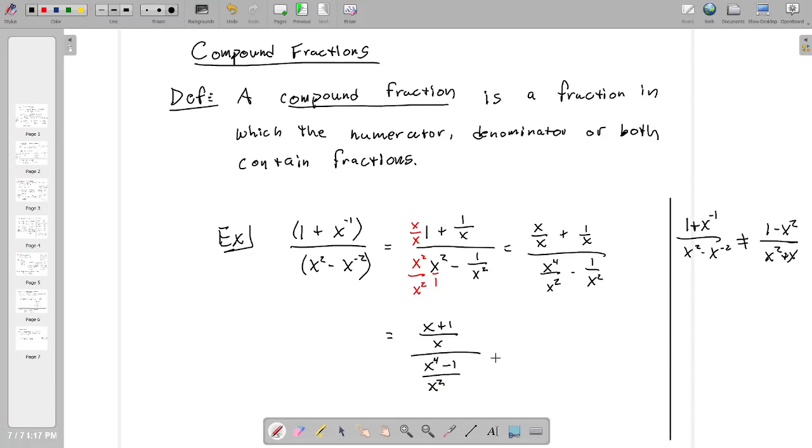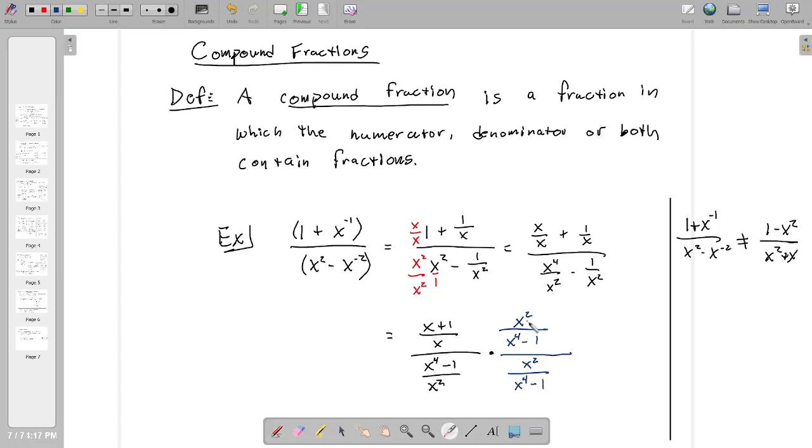And again, that comes from the fact that we're really just multiplying by 1 top and bottom of this big fraction. So here, if we look at it a little bit differently, I'm going to do this in blue so that we can see it a little better, hopefully. So we would have something like this. What we're actually doing is multiplying top and bottom of the big fraction by this.